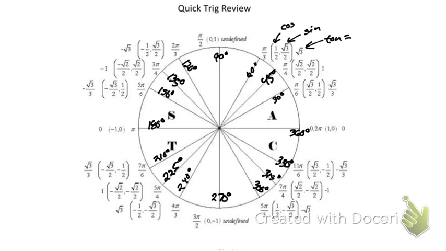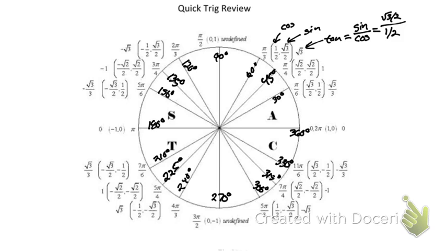Once again, if you forget your tangent values, you can recognize that tangent is just sine over cosine. So in this case, that would be square root of 3 over 2 divided by 1/2, which does in fact equal square root of 3.